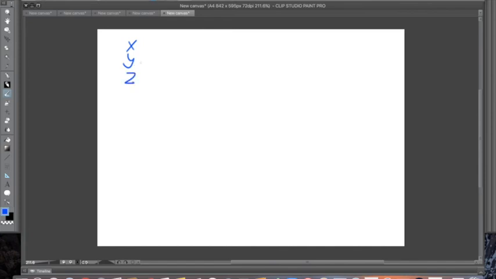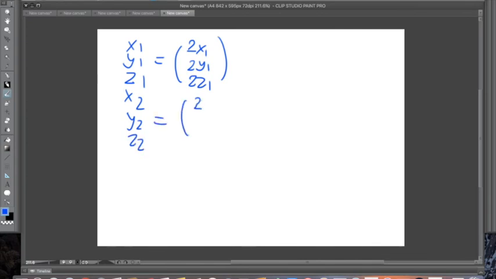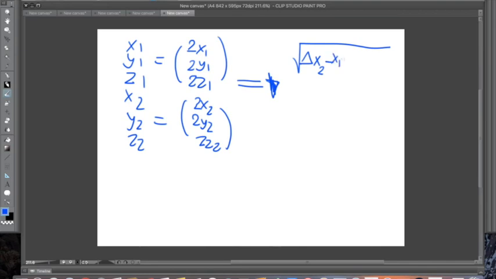T of x1, y1, z1 equal to 2x1, 2y1 and 2z1, and T of x2, y2, z2 equal to 2x2, 2y2 and 2z2, and we make it into the form of a formula by using this formula: delta x2 minus x1 plus delta y2 minus y1 and plus delta z2 minus z1.